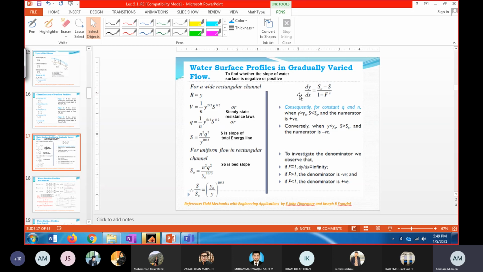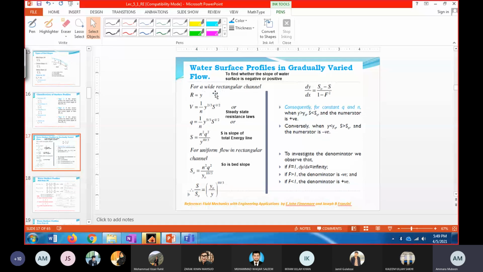You already know that when dy by dx is negative, the depth of flow is decreasing with increase in distance, and when positive, the depth of flow is increasing with increase in distance. So how can you determine the negativity and positivity of that slope? That is very important to sketch the water surface profiles. So let's check for a wide rectangular channel.